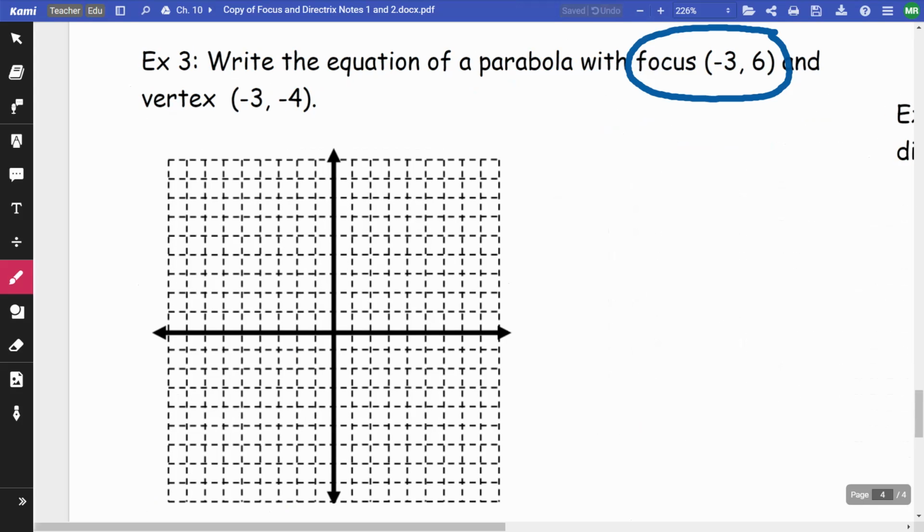So let me just count: -3, 1, 2, 3, 4, 5, 6. That's my focus. My vertex is at -3, -4. So -3, 1, 2, 3, -4. That's my vertex.